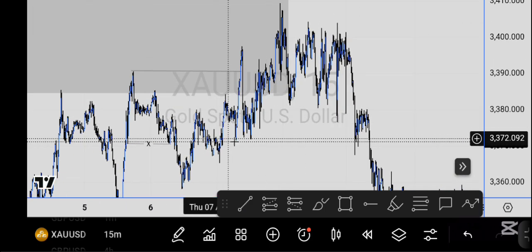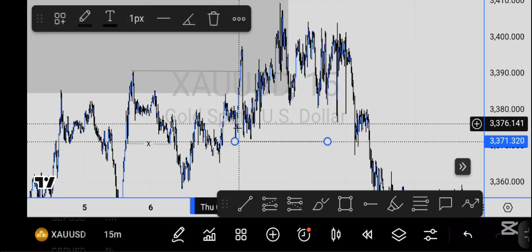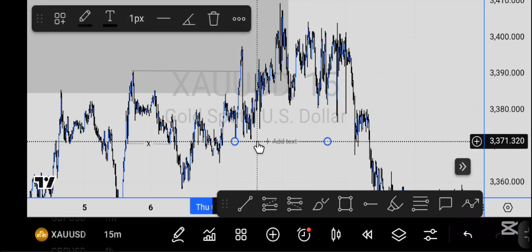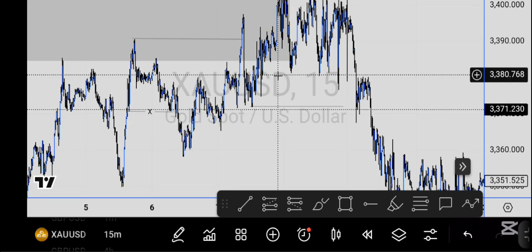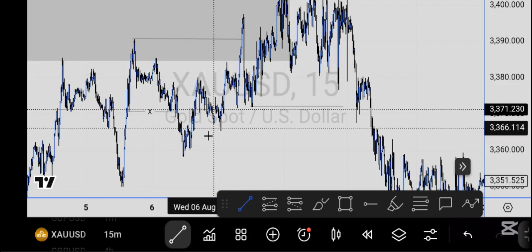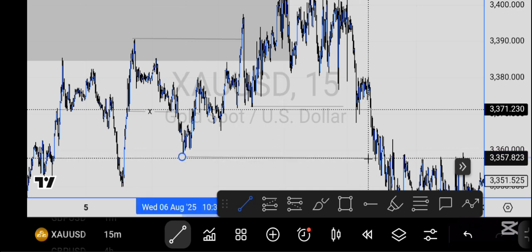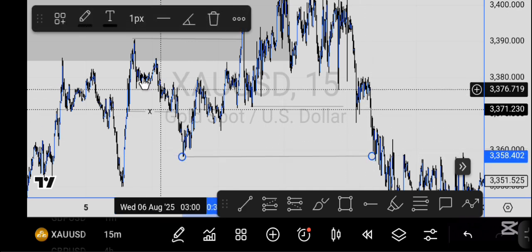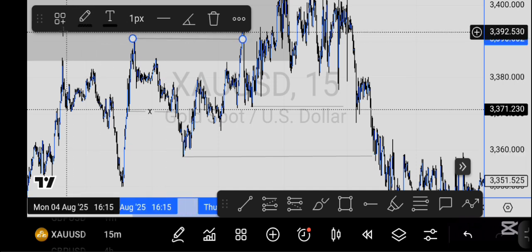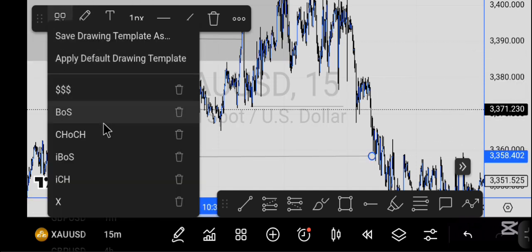So we have another inducement here, but we see that this one price failed to take out the inducement, so the inducement shifts here. Also this low, since this low took out inducement and broke structure, this low is our valid choch. That is, once price breaks this low, then we are bearish. So this is our valid break of structure, and this is our valid choch.